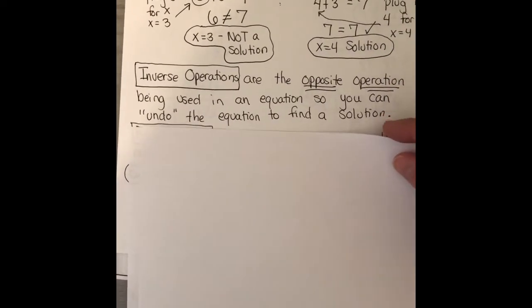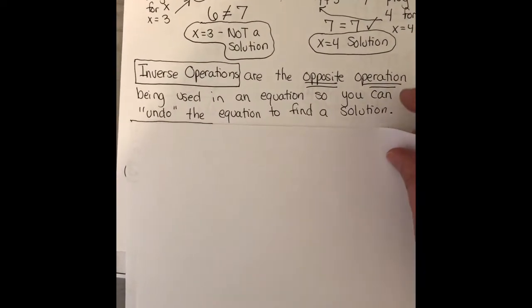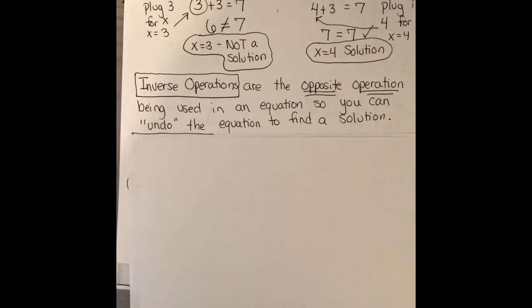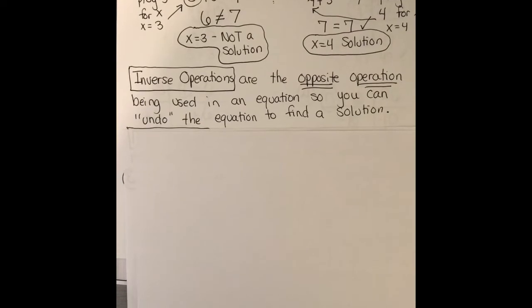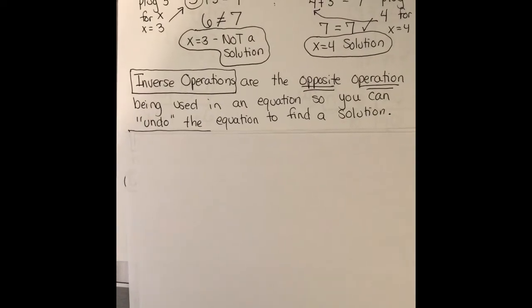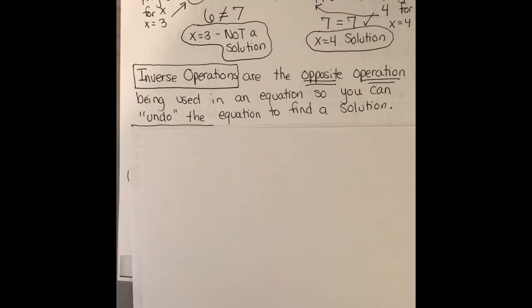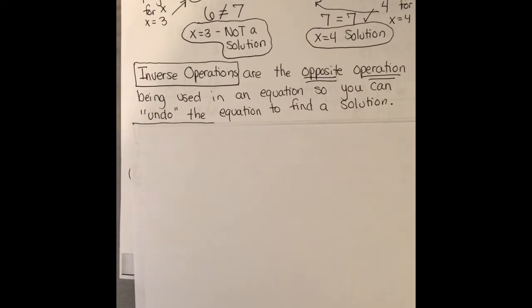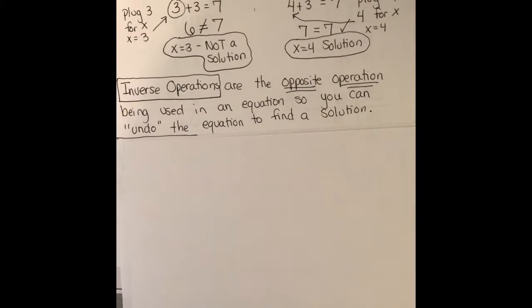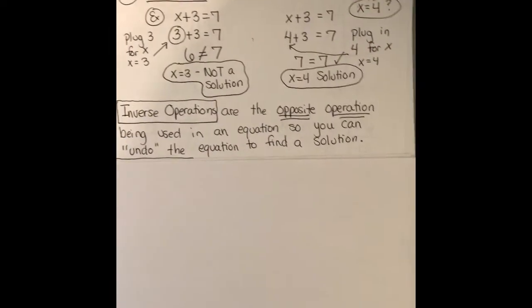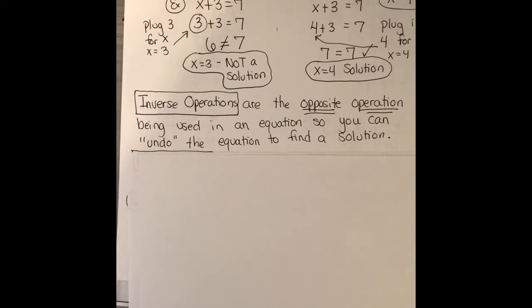Okay, this is super important. Inverse operations. You're going to hear that next year in 7th grade a lot. So inverse operations are the opposite operation being used in an equation so you can undo the equation to find a solution. So what we're doing is we're going to unravel an equation, or we're going to undo it so we can break it down to figure out what the variable is.